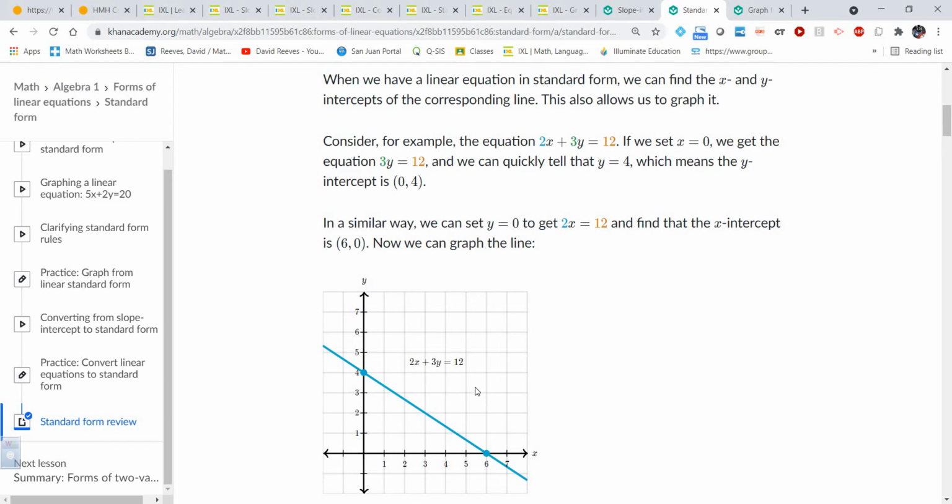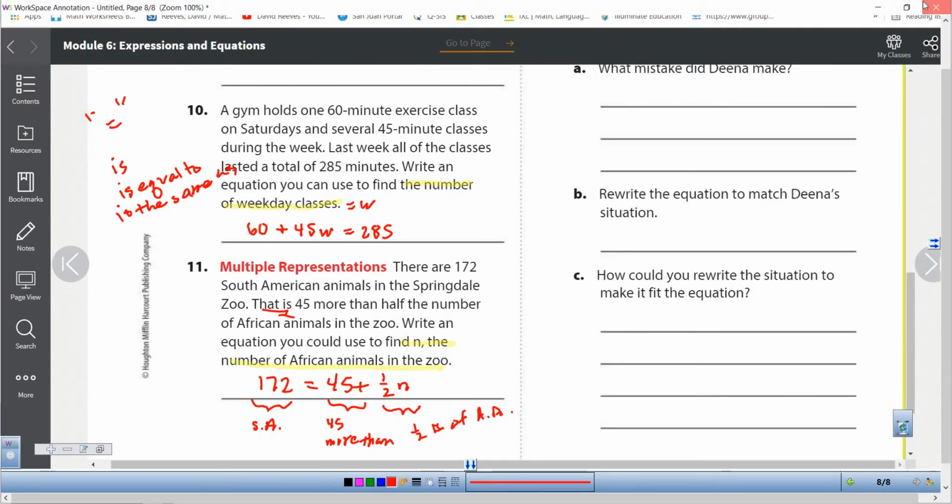To find the x-intercept, instead of putting in 0 for x, we put in 0 for y. For every x-intercept, y equals 0. For every y-intercept, x equals 0. So we put in 0 for y, and when we do that, we get 2x equals 12, or x is 6.